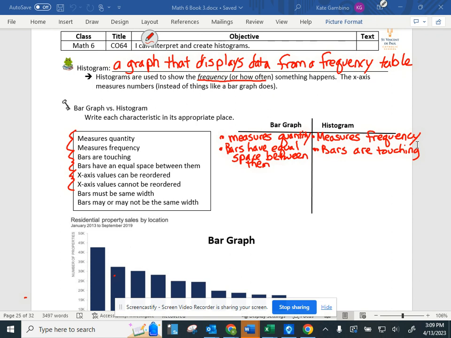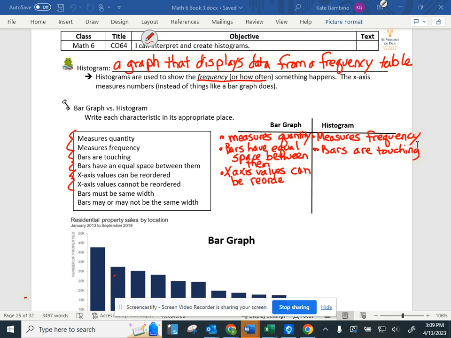I don't remember what the examples all were, but it didn't matter which order those types of injuries came in. So our x-axis values can be reordered. So it didn't matter the order we put them in.